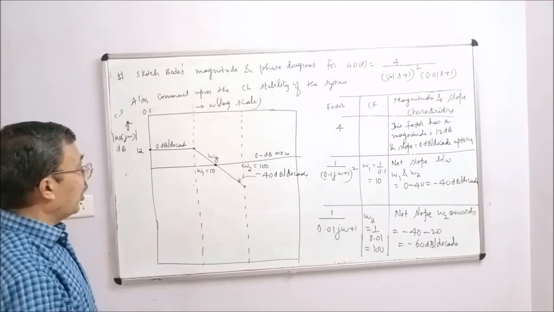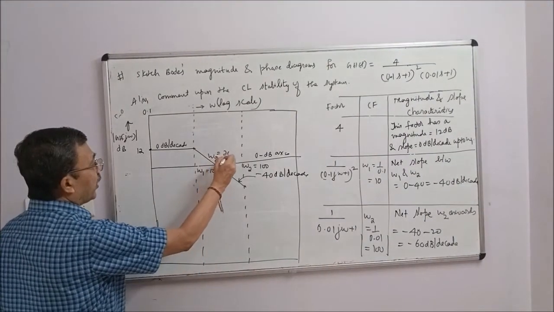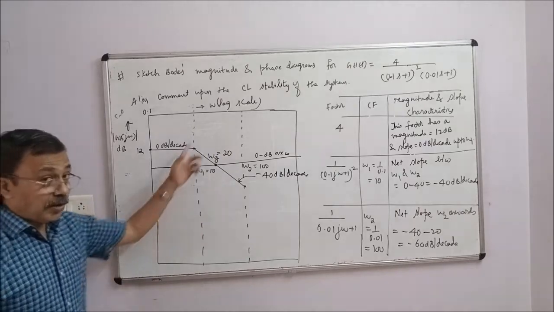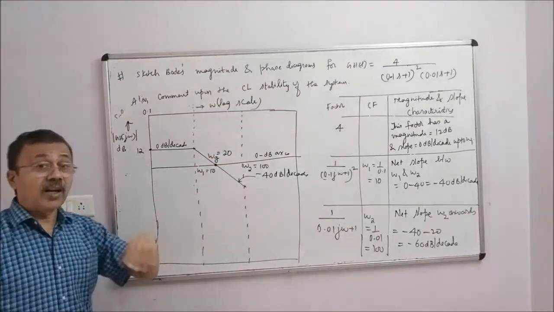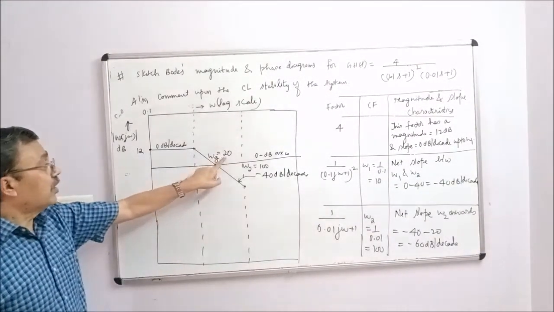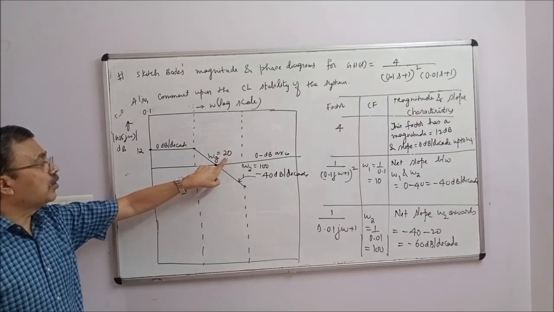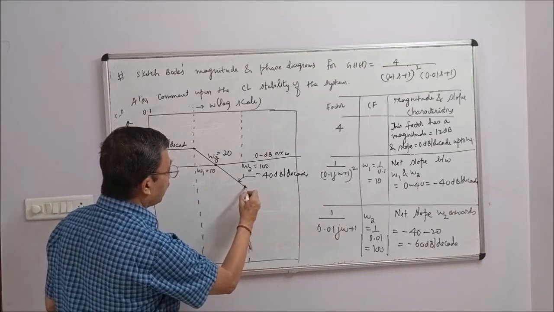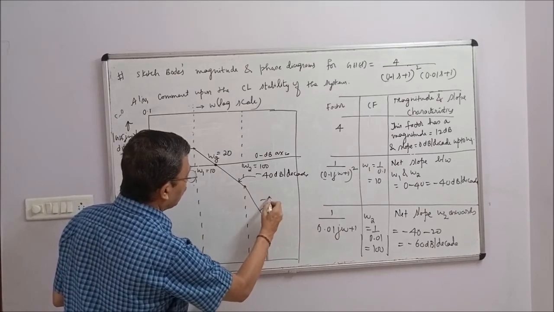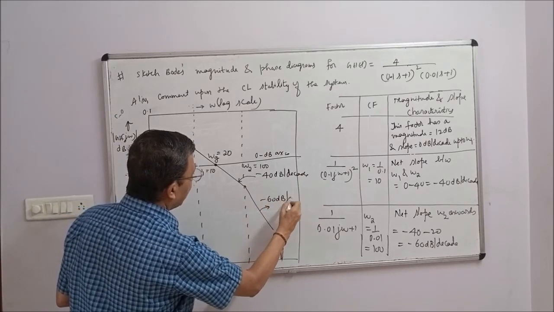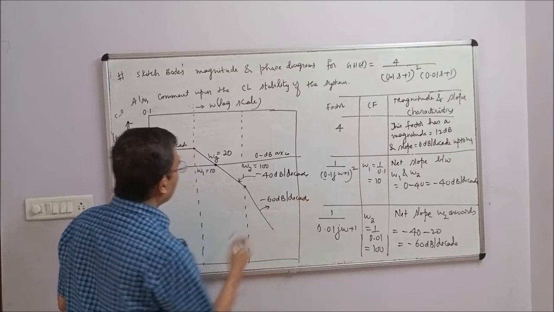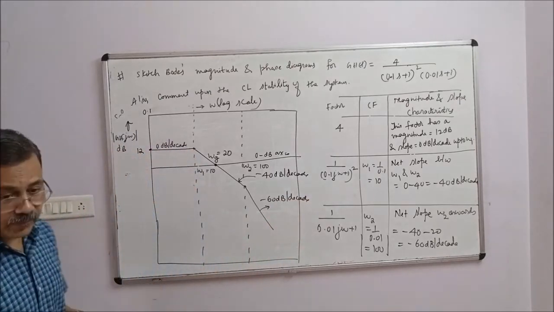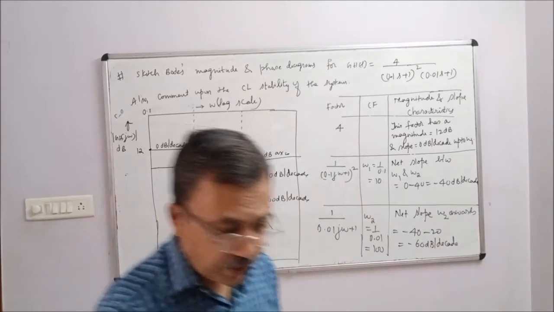When we do it on a semi-log sheet, you will find that value is 20. Unless you do it on a semi-log sheet, you cannot determine it. Already I have done it, I know the answer. Therefore, I have written omega g is equal to 20. Beyond omega 2, slope is minus 60. So, this is a line of slope equal to minus 60 decibels per decade. This is the magnitude diagram. Next, I draw the phase diagram.